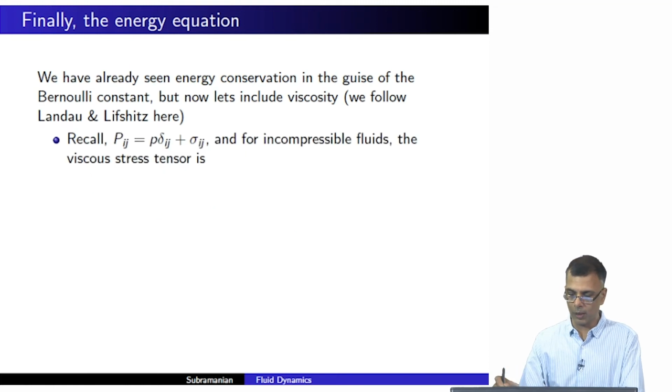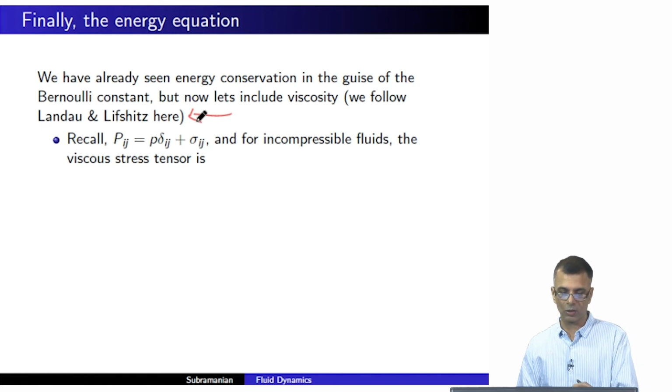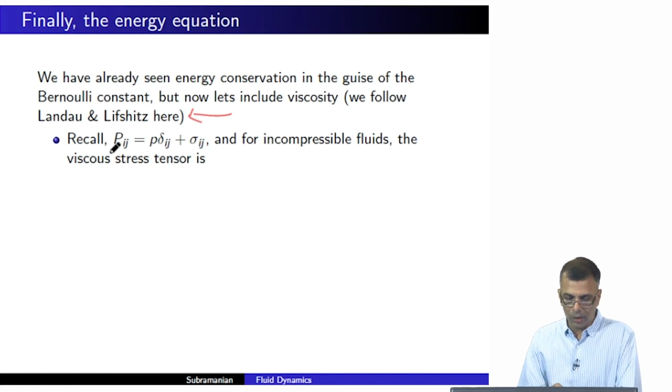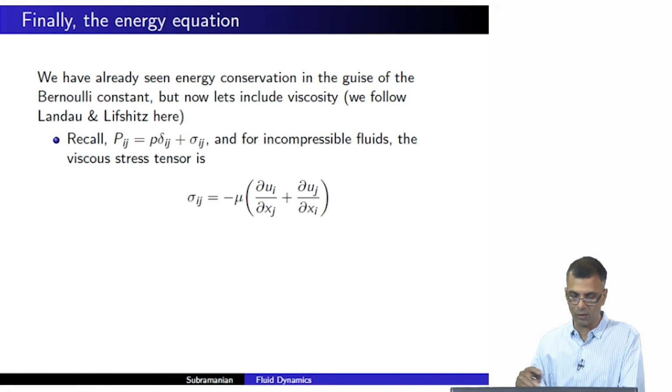We will follow Landau and Lifshitz here. Now recall the pressure tensor. We split it up into the diagonal part and the off-diagonal parts, right? And this includes the off-diagonal parts, and this includes the regular thermodynamic pressure. And for incompressible fluids, the viscous off-diagonal part was just this.